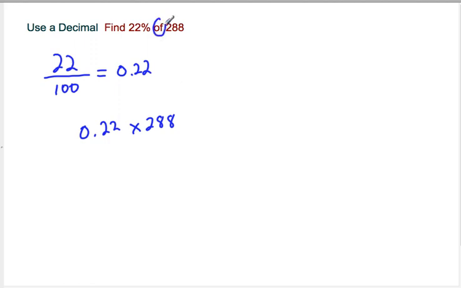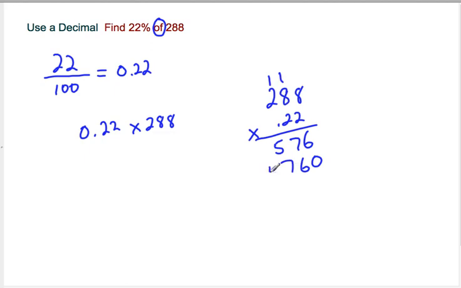The "of" in this type of percent problem means multiplication in math. Okay, so we say 22% of 288, and then we just have to do some multiplication. 288 times 0.22, we're going to get 16, 17, 5, placeholder 0, we get 16 again, 17 again, 5 again.